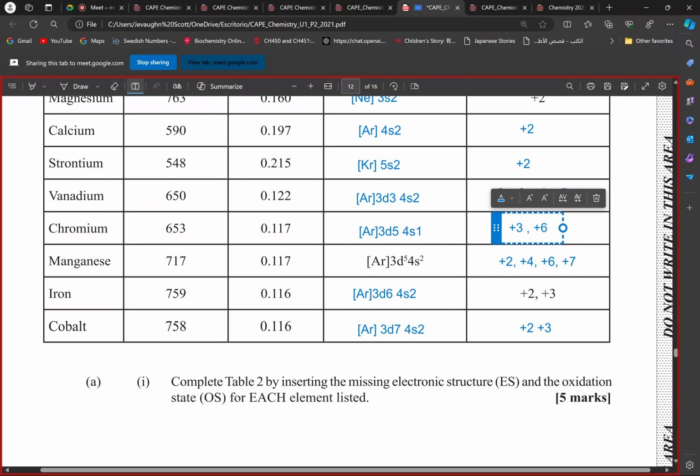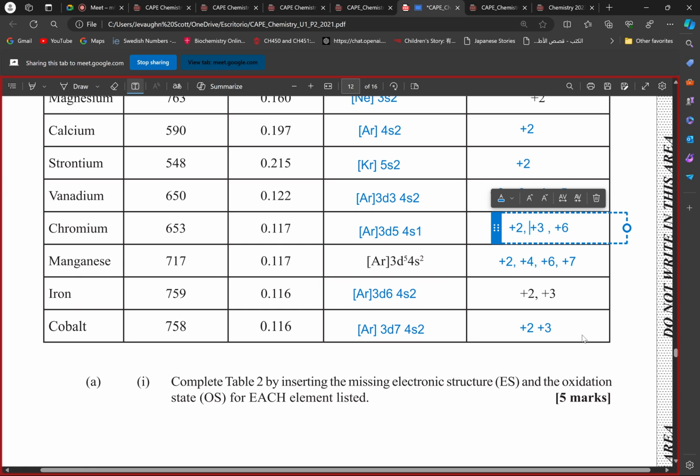Those are the most important states that we looked at for chromium. It is also stable as +2, right? So I guess we could write the +2, because we usually look at the common ones. Let's use the +2.